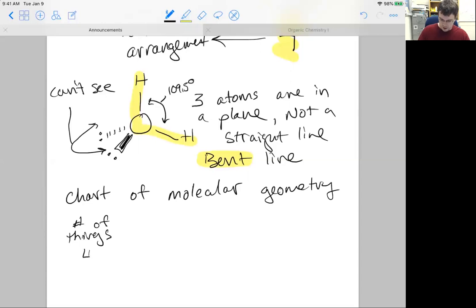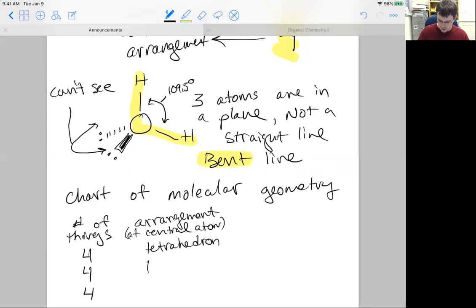In every case here, this is going to be 4. And then we have the arrangement at the central atom, which in every case is going to be a tetrahedron.